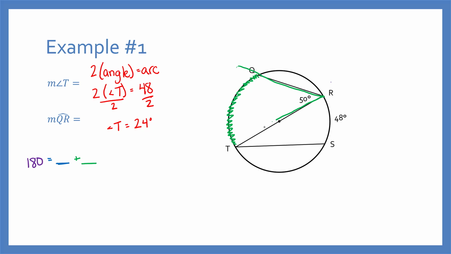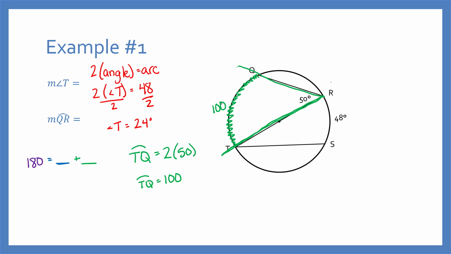Here's the green angle that intercepts my green arc. So TQ, that arc, equals twice my angle, 50. So arc TQ equals 100 degrees.